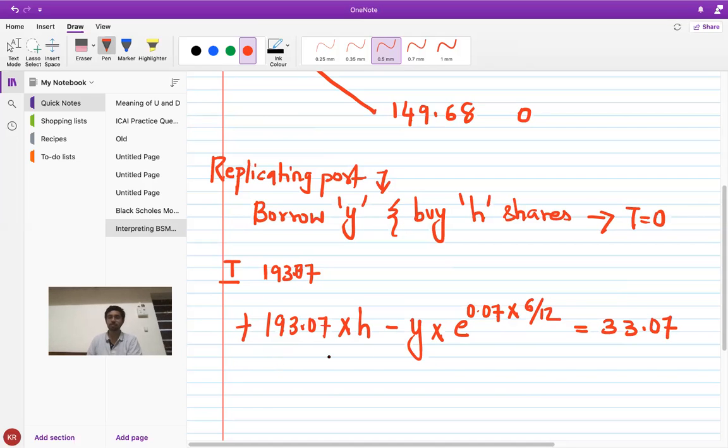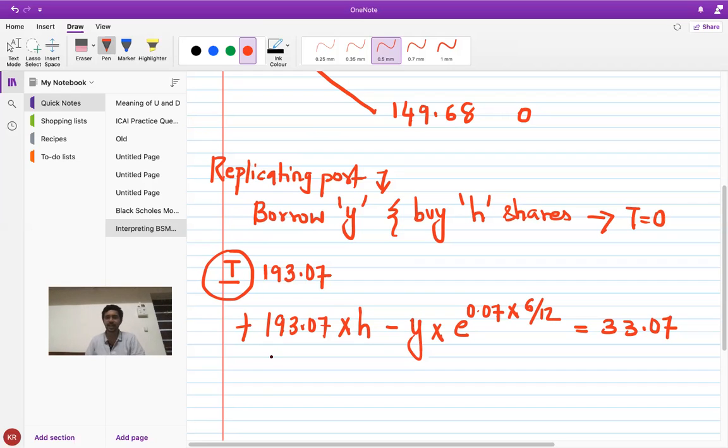Note the situation that I've first taken is where the share price is 193.07. What I receive from selling H shares is 193.07 into H, and I have to repay borrowings at the risk-free interest rate with continuous compounding, which gives me e power 0.07 into 6 divided by 12.